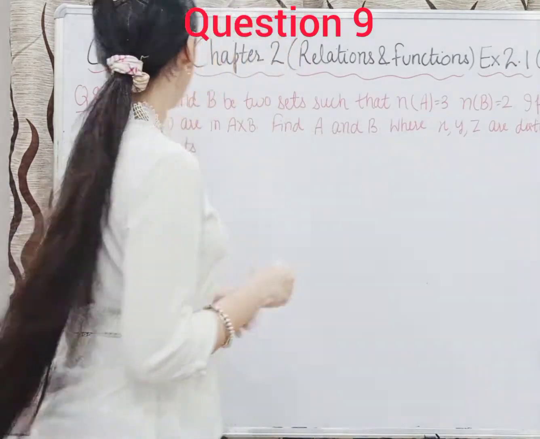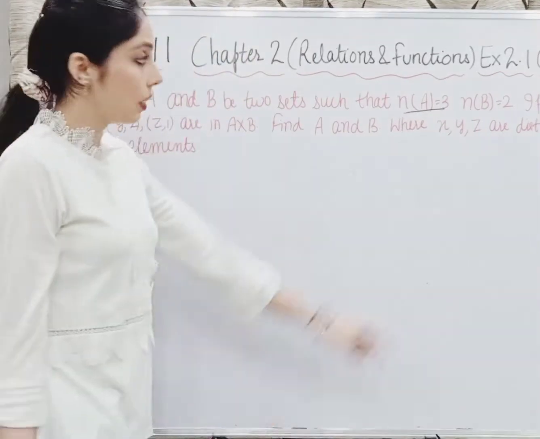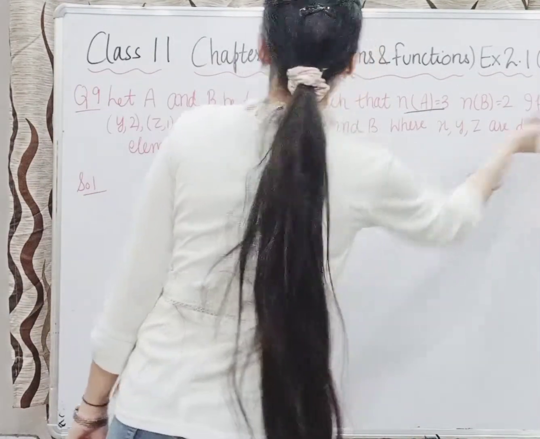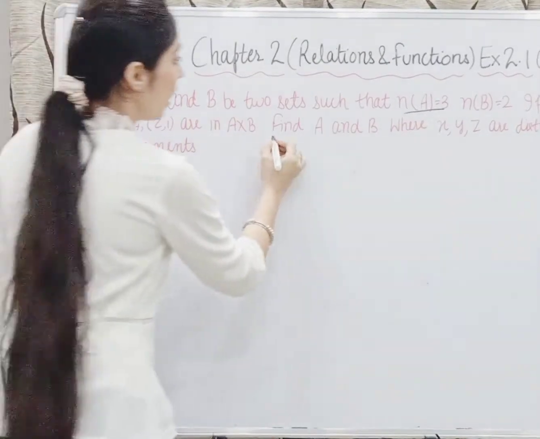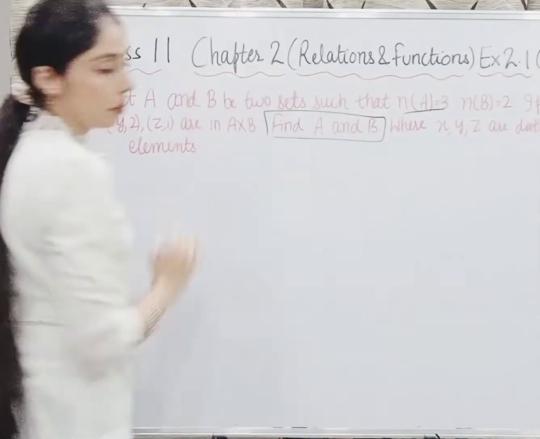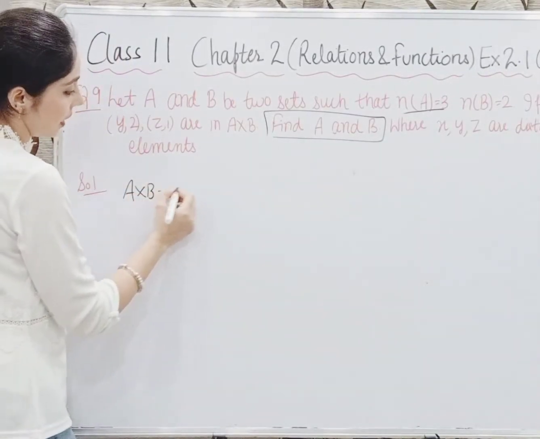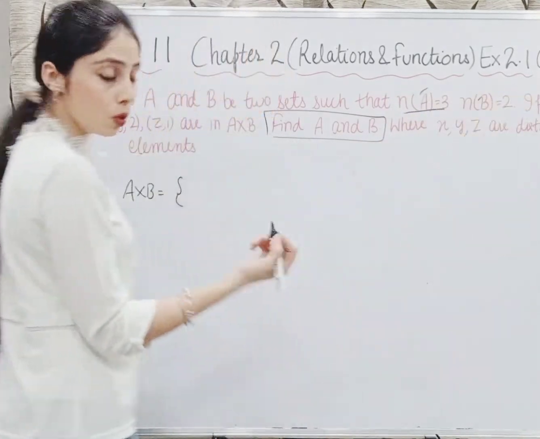Now question number 9. Let A and B be two sets such that the number of elements in A is 3 and the number of elements in B is 2. If x1, y2, z1 are in A cross B, we have to find A and B. Okay. So in A cross B we have 6 elements, as in A we have 3 and in B we have 2 elements.